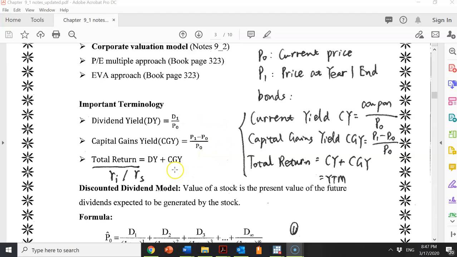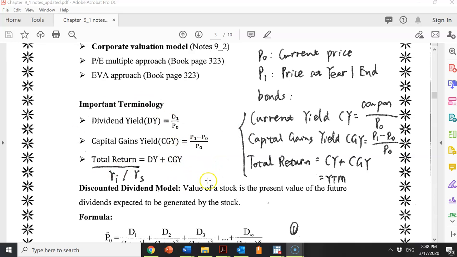These two add up to the total return of the stock, which can be denoted as RI or RS. Okay, so it's the stock return for stock I. We can use either RI or RS to stand for it.